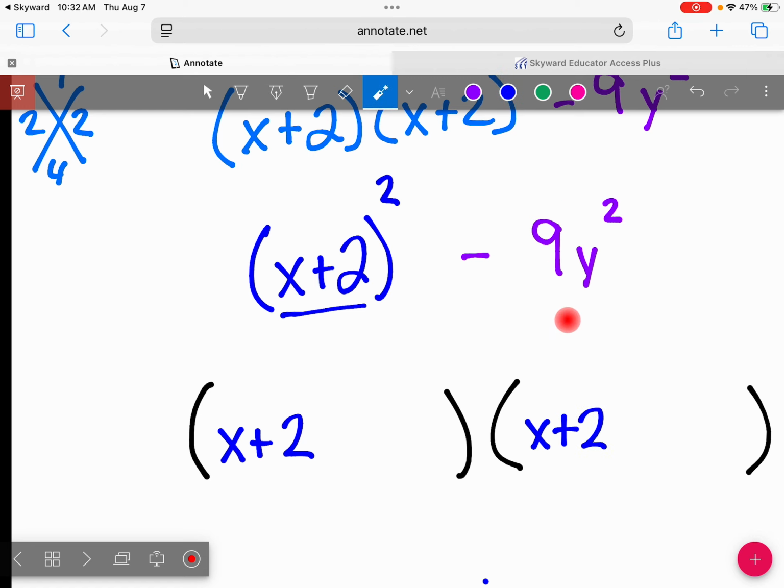What squares to give us 9y squared? 3y. One of these sets gets a plus in here. One of these sets gets a minus. So it's a difference of squares dressed up weird. Okay, so we had to factor to get down there.